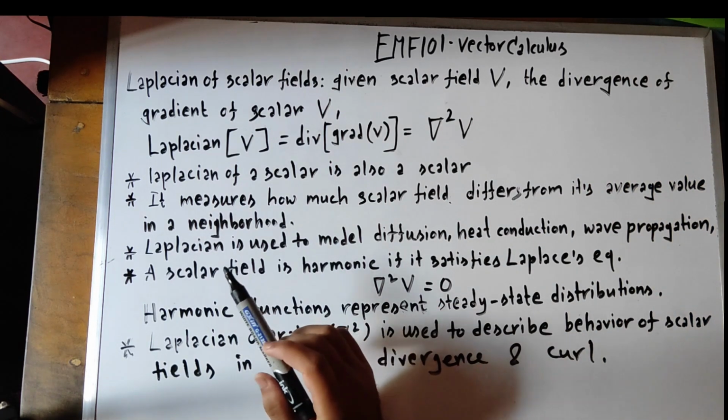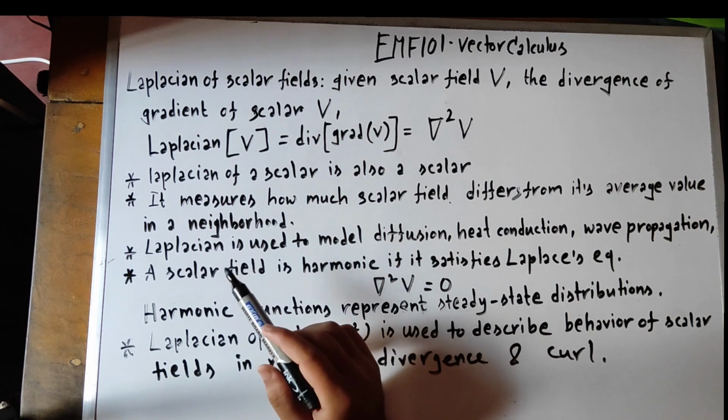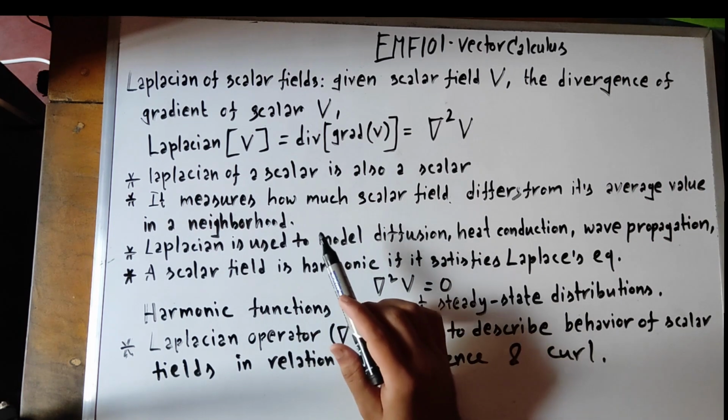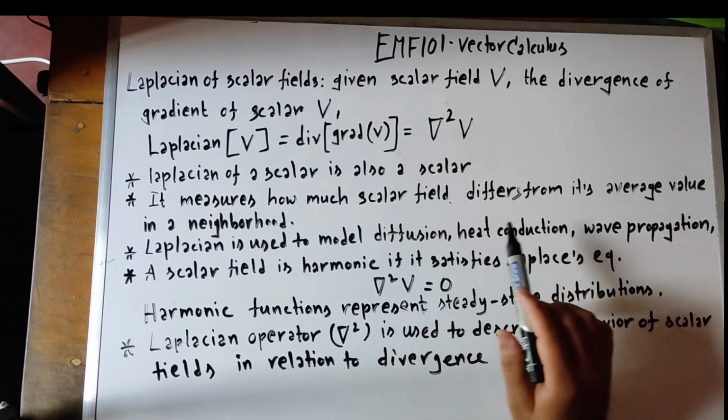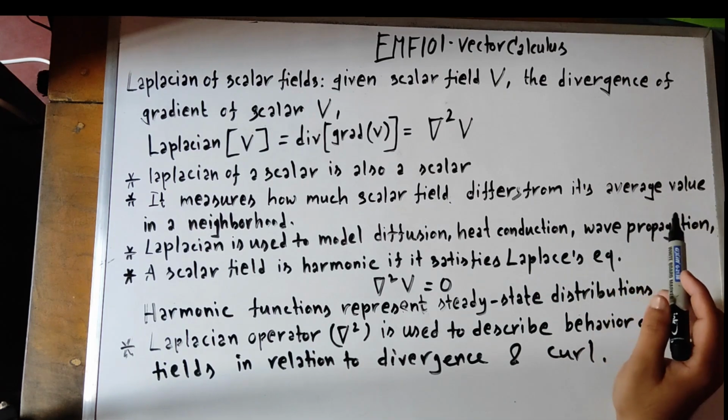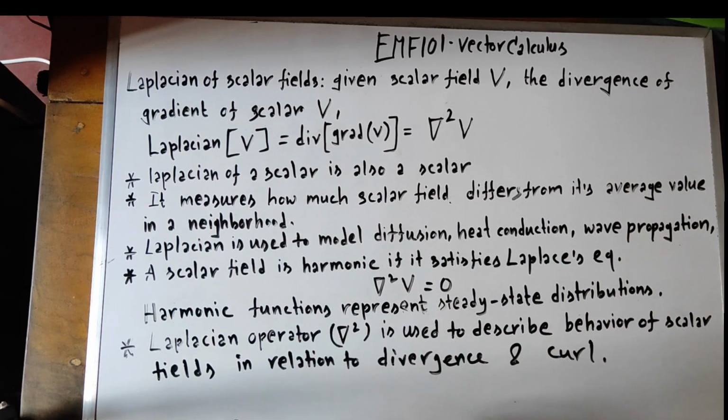The Laplacian of a scalar field measures how much a scalar field differs from its average value in its neighborhood.